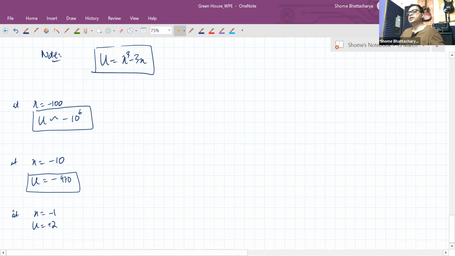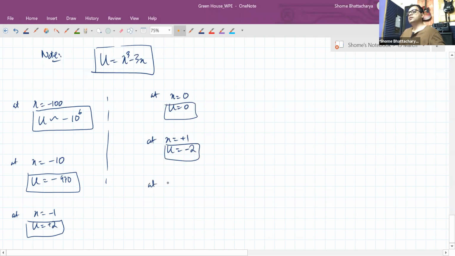But then if you again check it at x equal to, let's say, 0, you can see u is 0. And again check it at x equal to plus 1, u was minus 2. And if you check it at x equal to plus 10, you see u will come out to be plus 970. And at x equal to plus 100, u's order of magnitude will be 10 raised power 6.